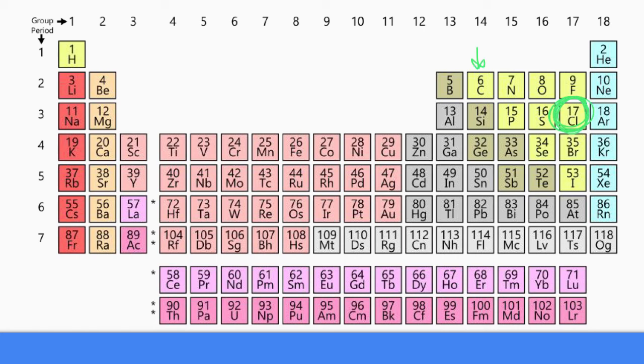You have carbon here, oxygen here, and hydrogen here. So those were all the elements that were found in the sugar, and then the chlorine was the one that was in just the sucralose. So maybe this has something to do with it. You could also use the periodic table and explain how where the elements are might have something to do with their properties.